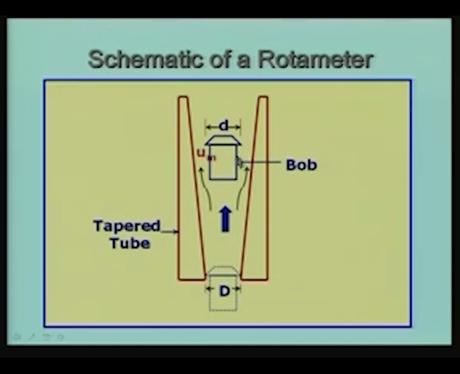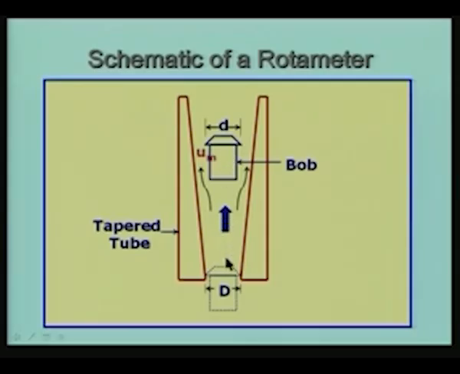The form drag is because of the subtle changes in the pressure acting on the surface of the bob, and this usually is written in the form of a drag coefficient multiplied by the kinetic energy of the fluid per unit mass. So, these three forces are going to be in balance for a particular value of the flow rate.